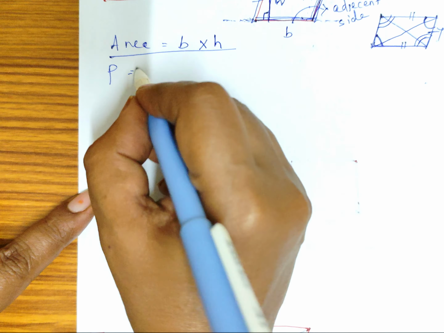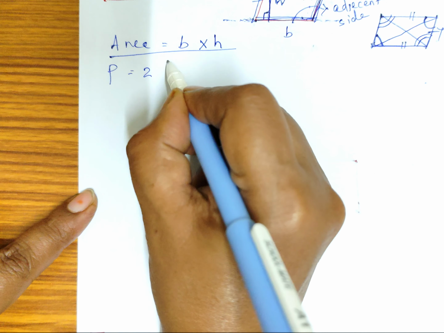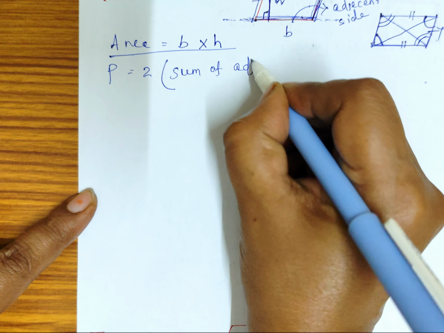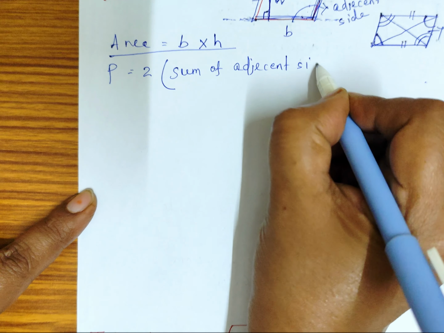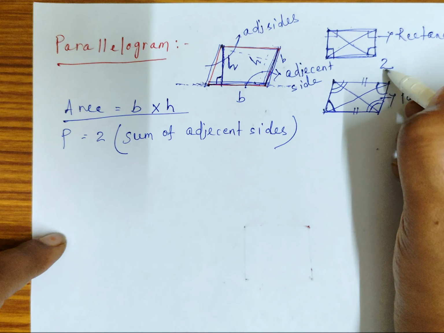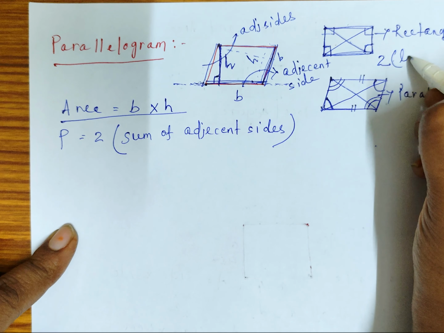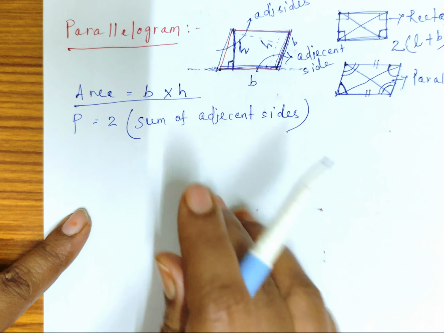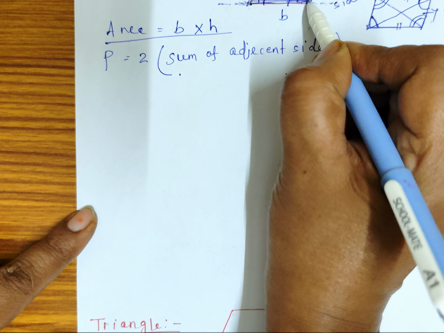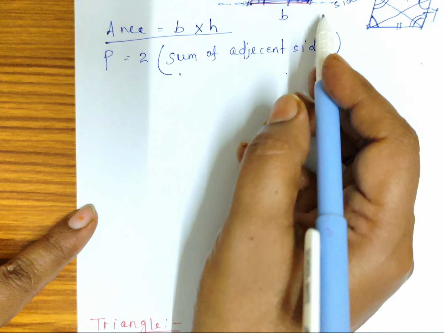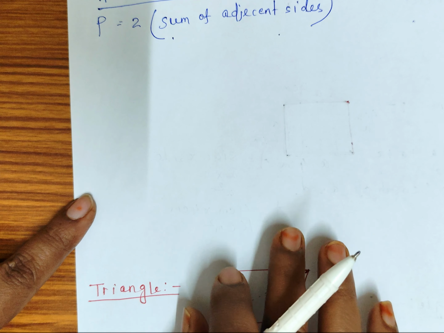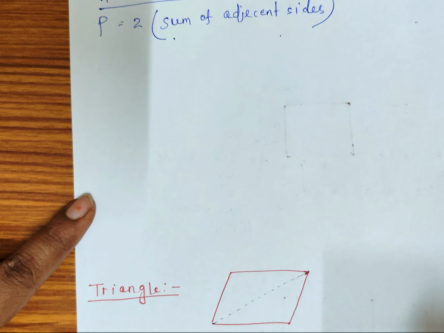So here the perimeter is nothing but 2 into the sum of adjacent sides, right? Like how in a rectangle we say 2 into L plus B. Here we are not saying L, we are saying side by side, sum of adjacent sides, this plus this, 2 times. So this is nothing but our parallelogram perimeter and area, right?